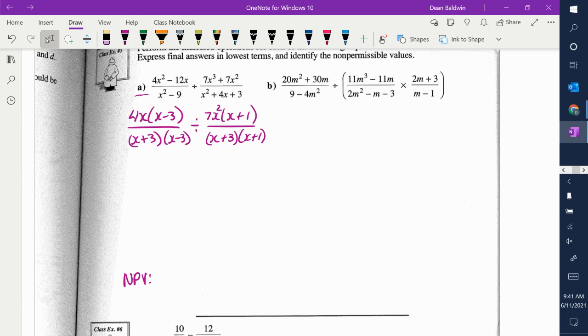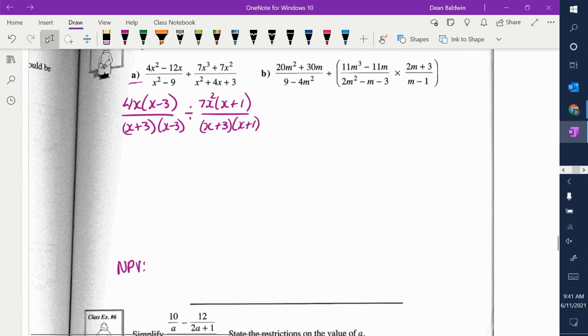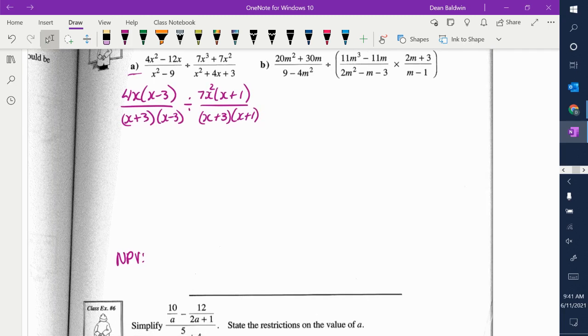There's the factored form. Then write your NPVs.